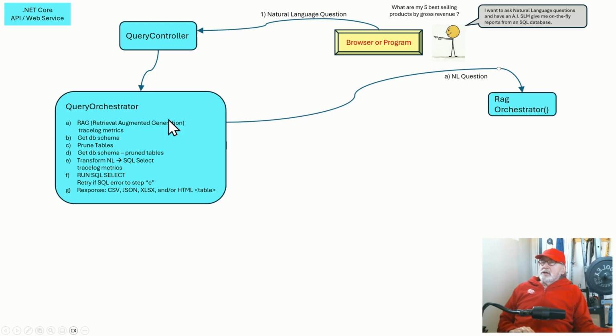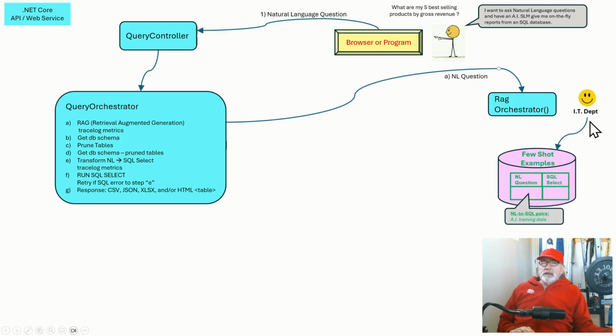So the query orchestrator sends the natural language question to the RAG orchestrator. And our IT department has created few-shot examples which serve as the AI training data.